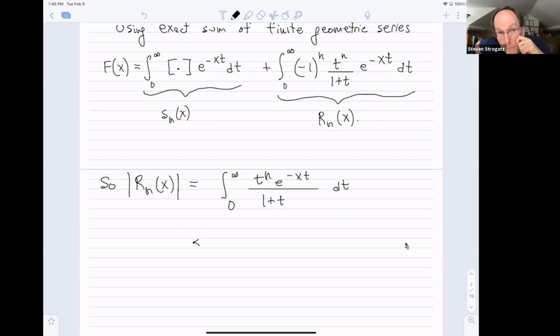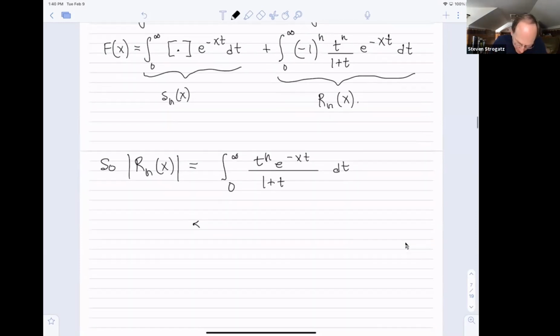Sorry, what was that again? If you just exclude 1 over 1 plus t. Yeah, because, right, 1 over 1 plus t for t greater than 0 is always going to be less than 1. Right, that function 1 over 1 plus t is just decreasing from 1 at 0 monotonically down to 0 at t equals infinity. So yeah, as you say, let us just upper bound that term by 1 itself.